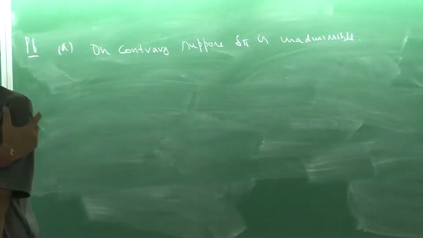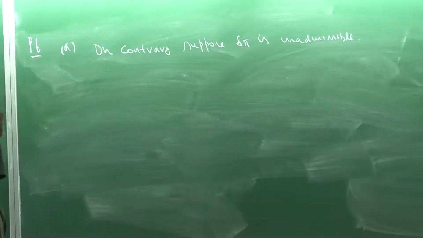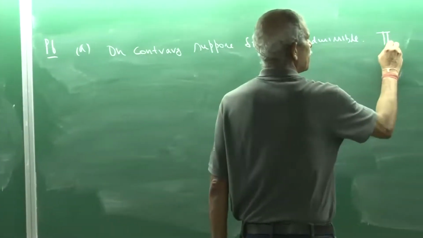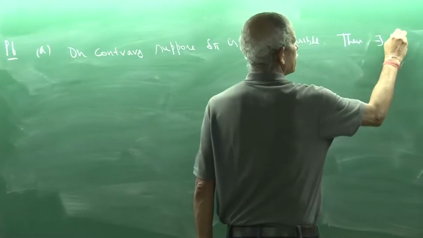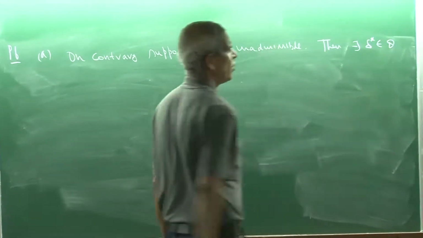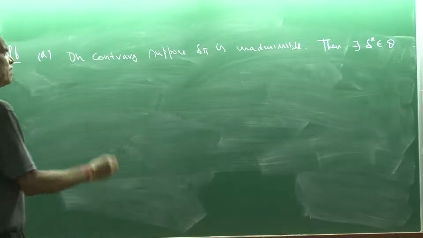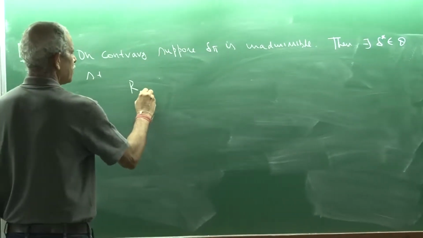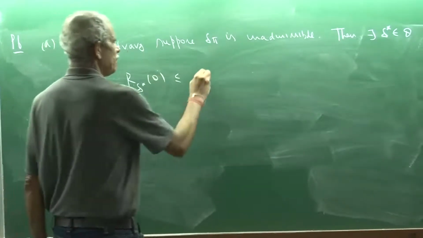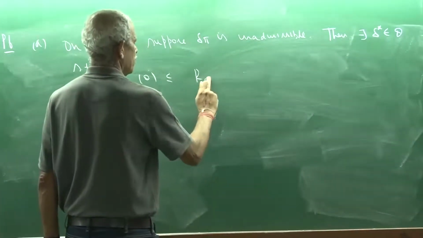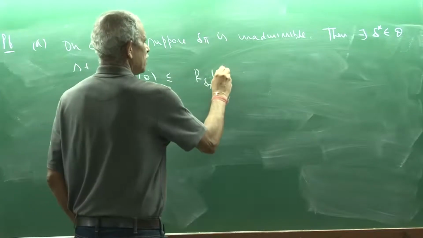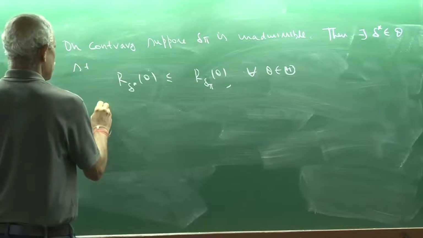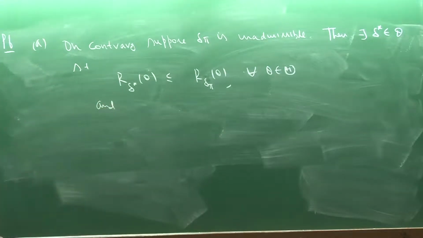Then by the definition of inadmissibility, what does that mean? There exists an estimator which dominates this estimator. So there exists an estimator delta star belonging to the class of all estimators such that R(delta star, theta) is always less than or equal to R(delta pi, theta) for every theta, and there would be strict inequality at some theta naught.